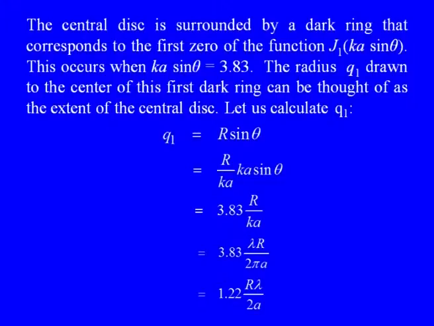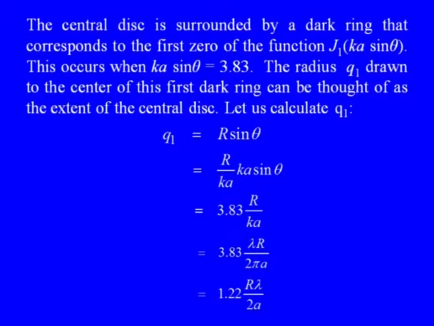Now, let us study this expression. The intensity is maximum at theta equal to 0. The central disk is surrounded by, and why am I calling it a disk? Because of the symmetry about the x axis. So the central disk is surrounded by a dark ring that corresponds to the first zero of the Bessel function J1 of kA sin theta, and this zero occurs when the argument kA sin theta is equal to 3.832.